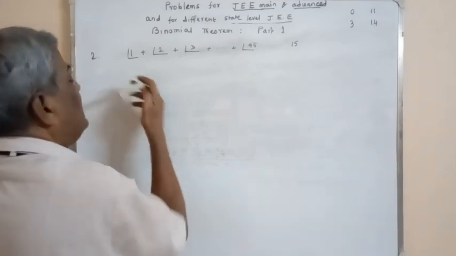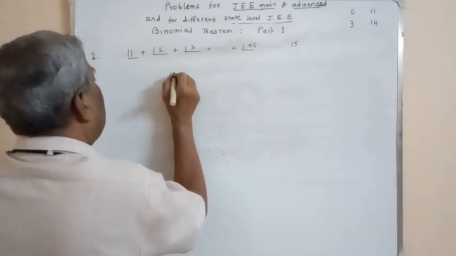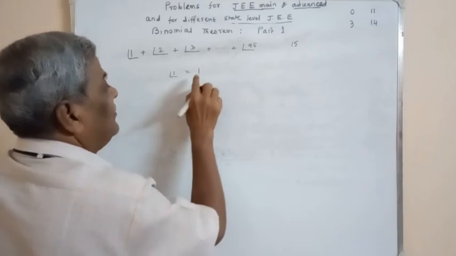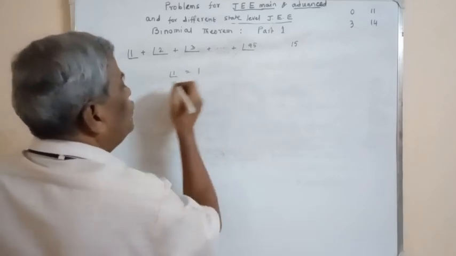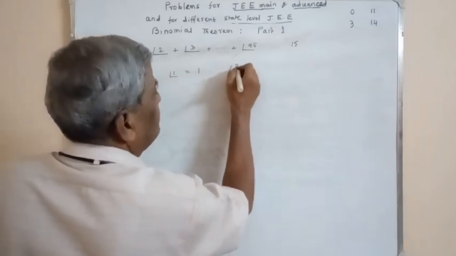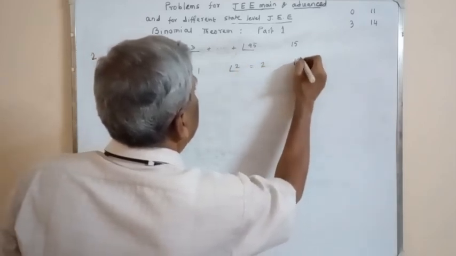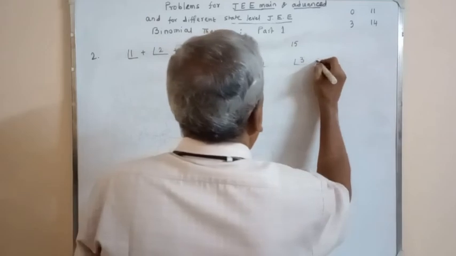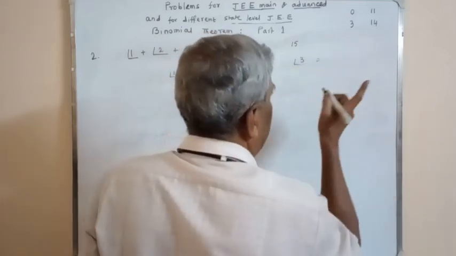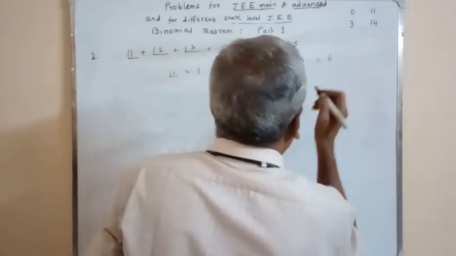Now first one is factorial 1. Factorial 1 is 1. Factorial 2 is equal to 1 into 2, that is 2. Factorial 3 is equal to 1 into 2 into 3, 6.